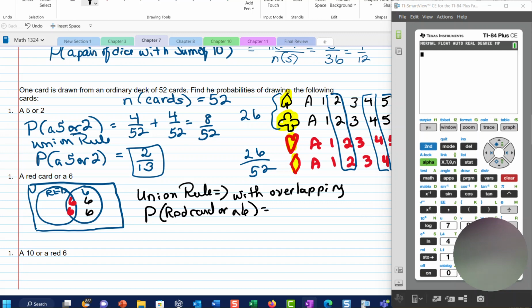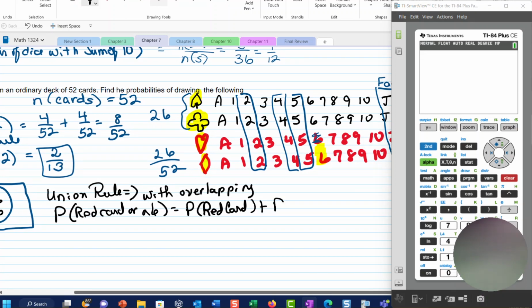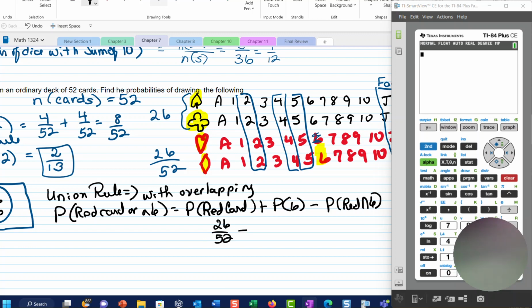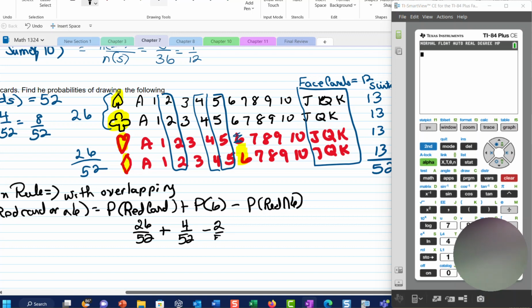So this one's going to be the probability of a red card plus the probability of a 6 minus the probability of a red intersects 6. So we're going to put them underneath. Red cards are 26 out of the 52. 6s are 4 out of the 52. I have 2 reds that are shared. You can see them there. So we're going to subtract 2 out of the 52.